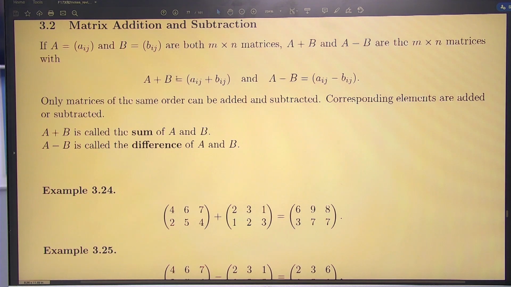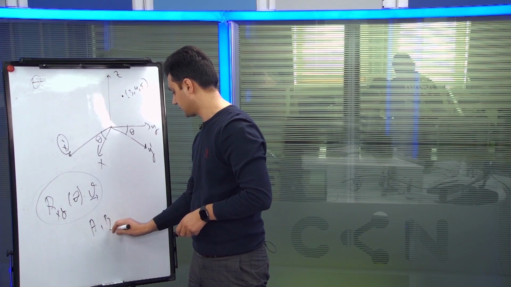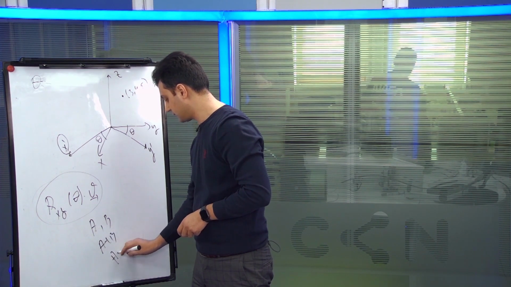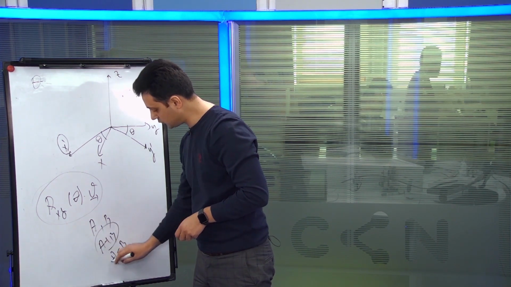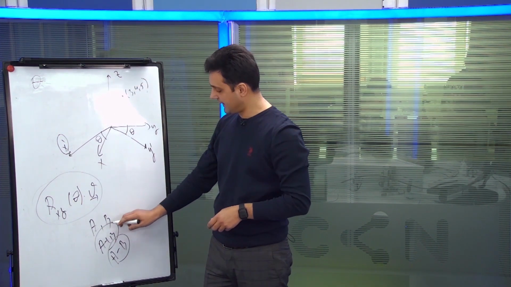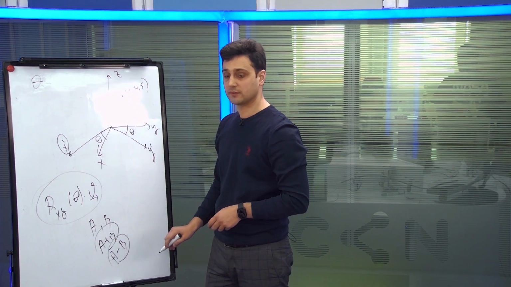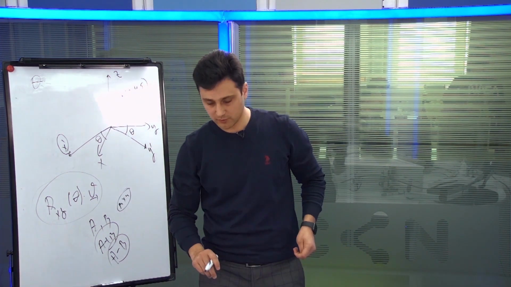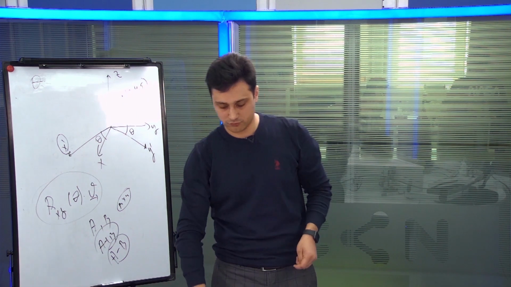So to define A plus B or A minus B, we need A and B with the same dimensions, M by N, right? So this is about the sum and subtraction of matrices.